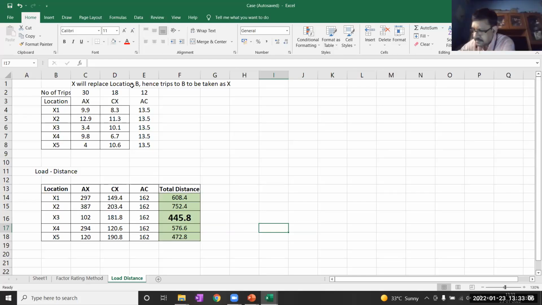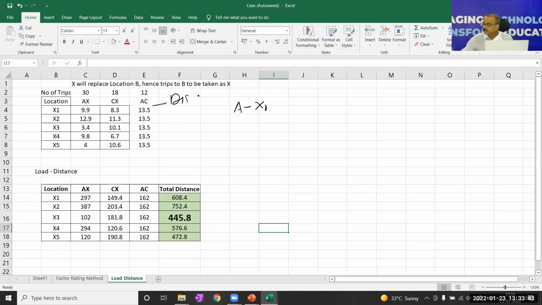Yeah. Okay, so what will be the distance between A and X? X is 9.9 into. Distance is AX. So what will be the distance between A and the new facility? So AX1, 9.9 into 30. No, first you come up with the distance matrix. Yeah. So this is the distance matrix.